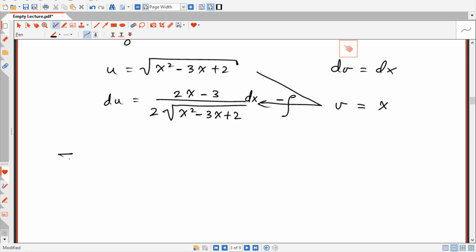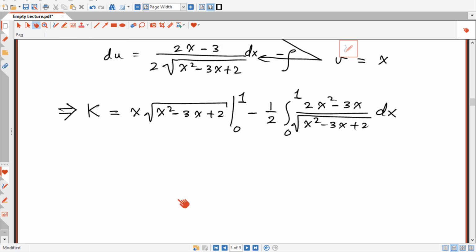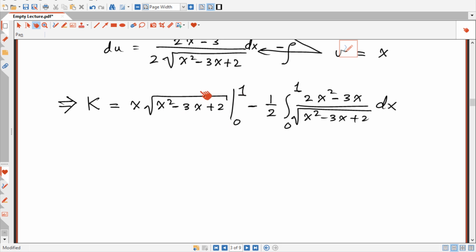So the value of k is equal to x multiplied by the square root of x squared minus 3x plus 2, evaluated from 0 to 1, minus, let's take this half outside, so that's minus 1/2, the integration from 0 to 1, and let's distribute x times 2x minus 3, that's 2x squared minus 3x, divided by the square root itself, which is x squared minus 3x plus 2, dx. The first term is apparently equal to 0, because if you substitute 1 and 0, it's going to be equal to 0.